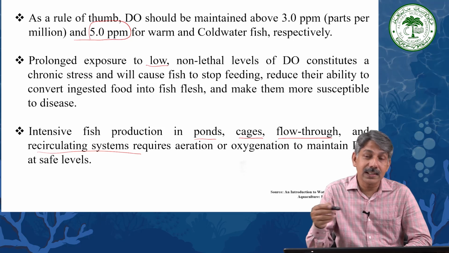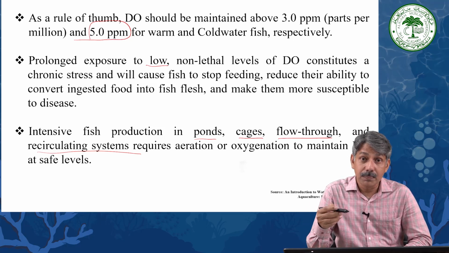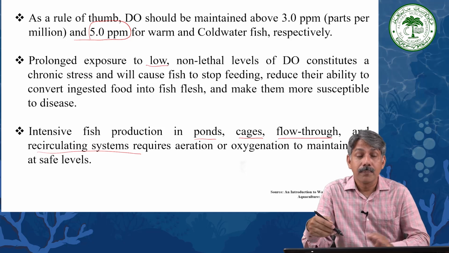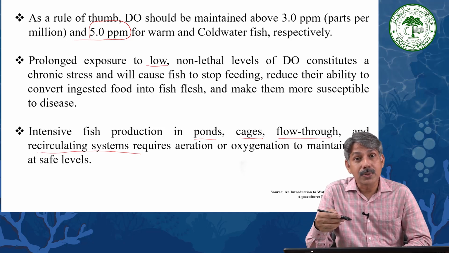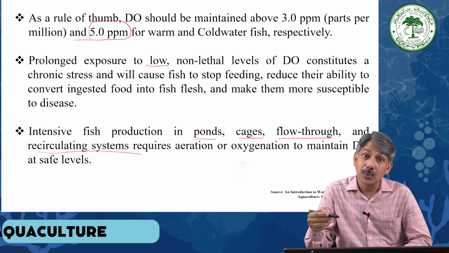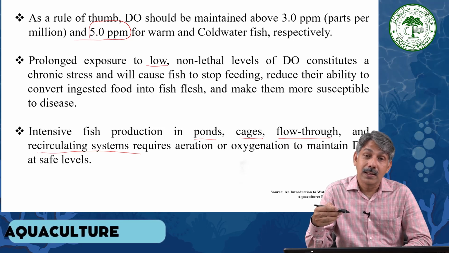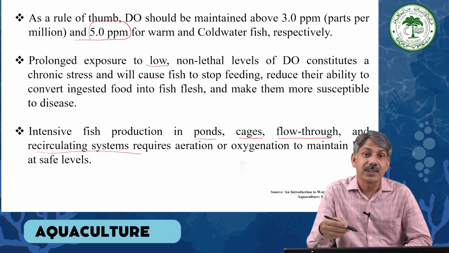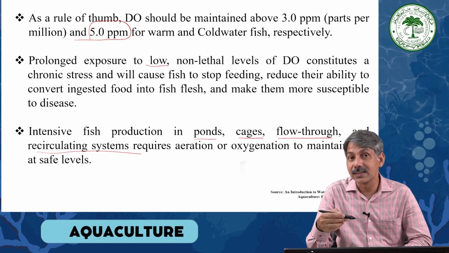When we go on increasing the number of fishes per unit volume of water, per unit area of the pond, it becomes more intensive. That means their dissolved oxygen requirement increases with increasing stocking density. To cope with the increasing demand, the oxygen available naturally in the water is not sufficient.